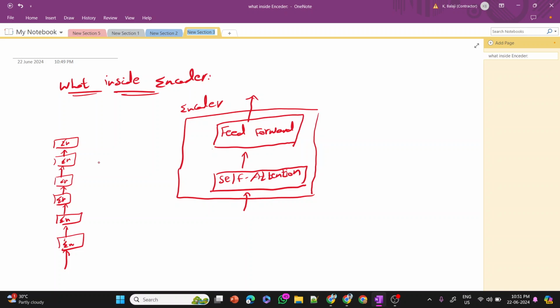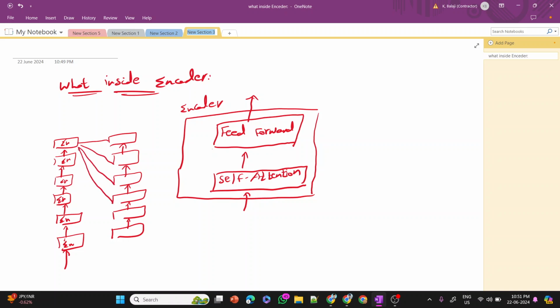Let's see. There will be six decoders. Like the encoders, the decoders are also stacked one by one, and the last encoder output will be given to all the decoders. The sixth encoder output will be given to all the decoders.